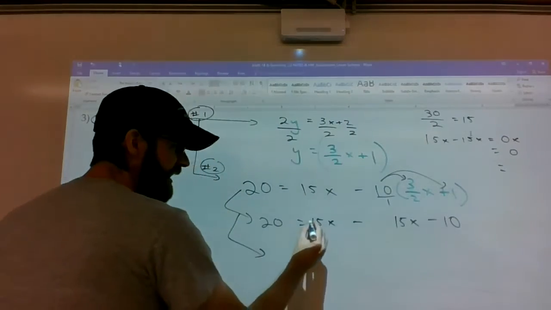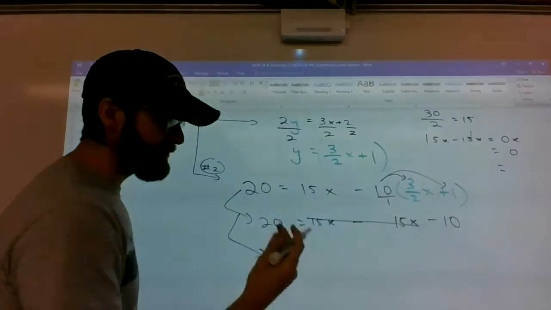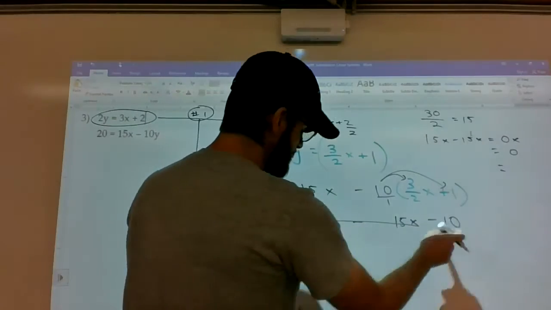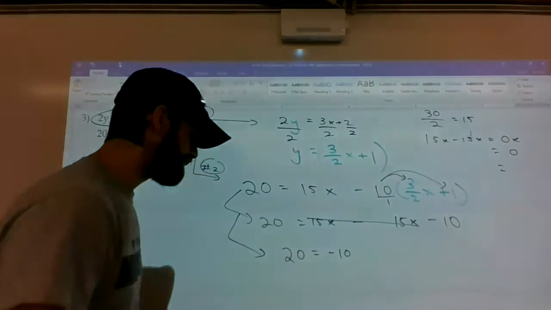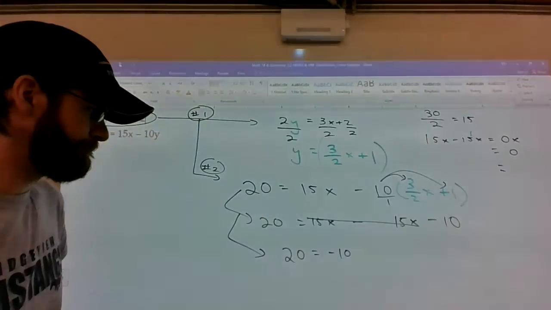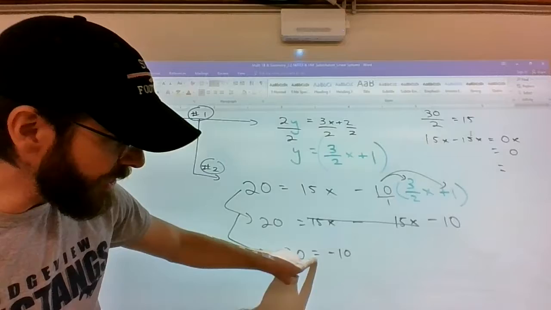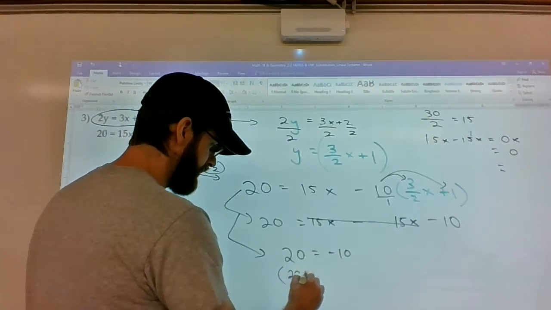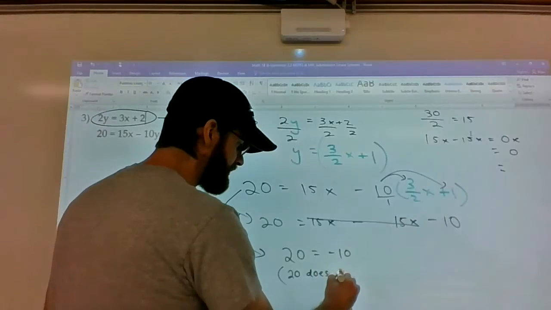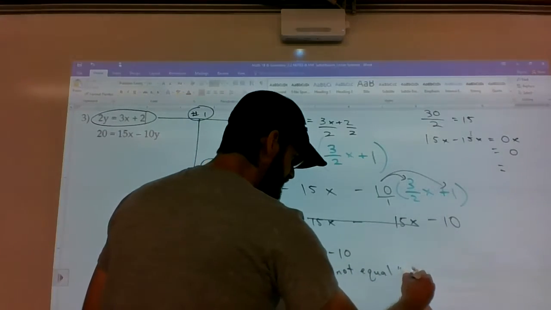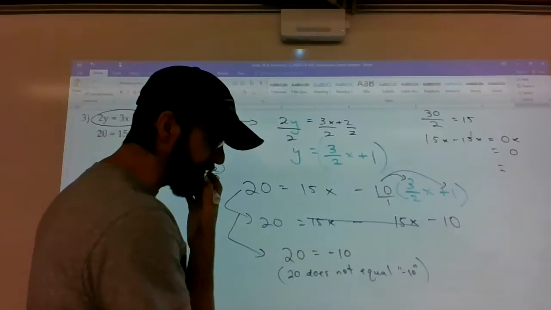Okay, so then you can just cross that expression out, and you're left with 20 equals 0 minus 10. We've got our second special case here. 20 does not equal negative 10. That's a false statement.